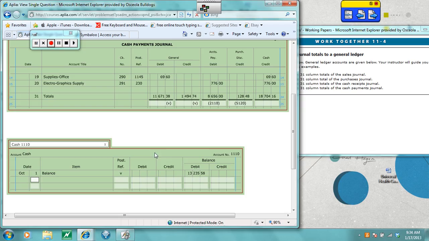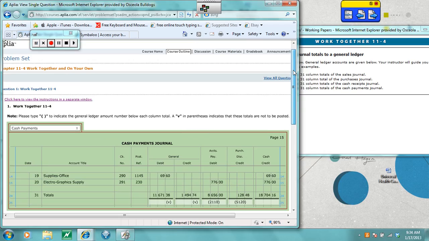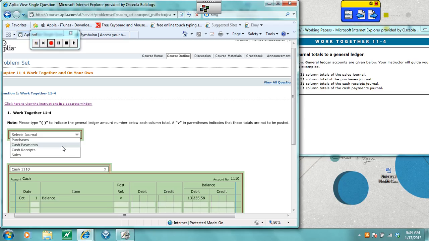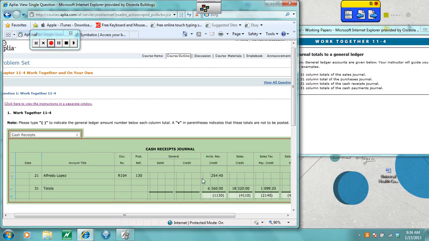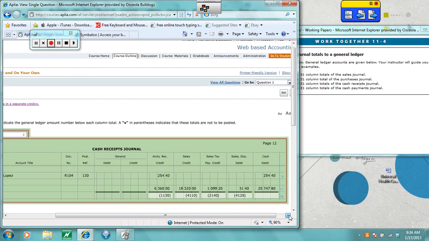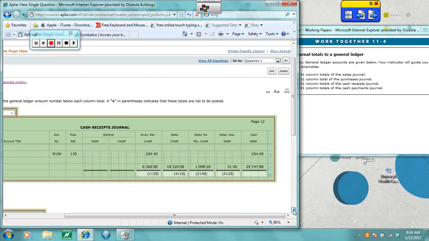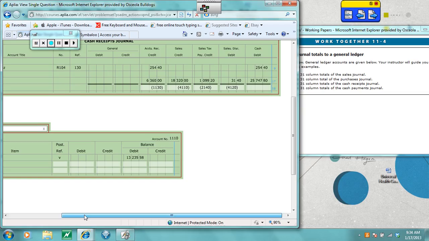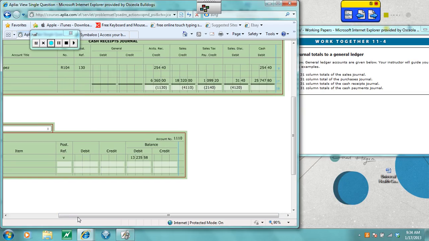Ooh, I bet you I messed up. Let's go to our cash receipts journal. I didn't scroll over far enough. Look at that. I caught it. We should have posted this cash debit. I knew we should have had a debit in there first.